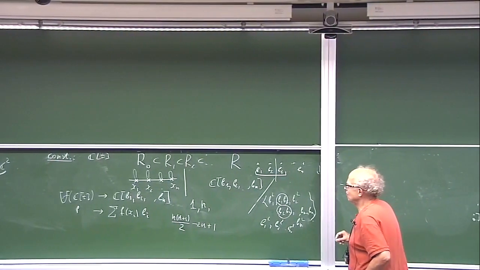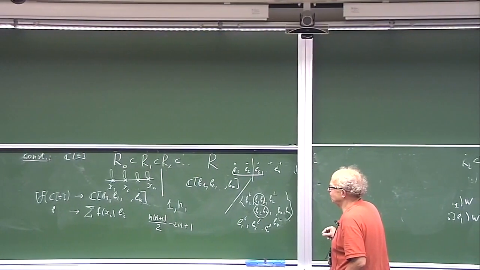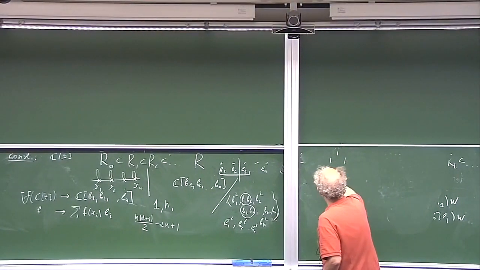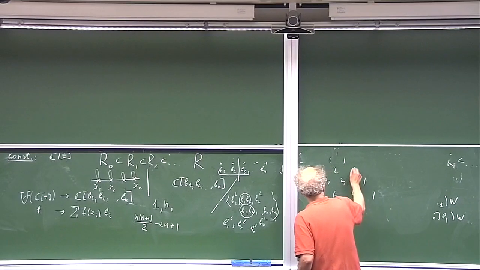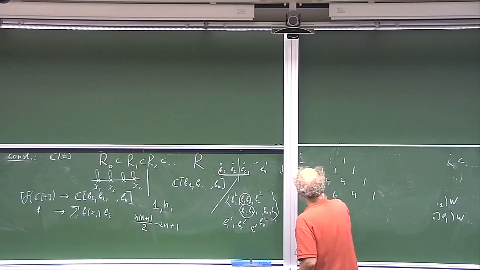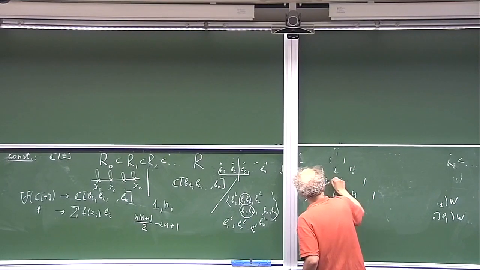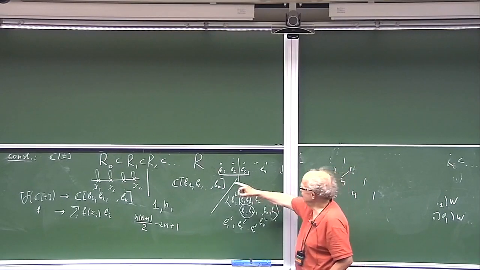Fibonacci numbers you can understand, for example, by the following. If you draw the Pascal triangle like this, then the Fibonacci number, for example, this 5, is the sum of this and this. 1, 3 plus 1. It is what we had here.